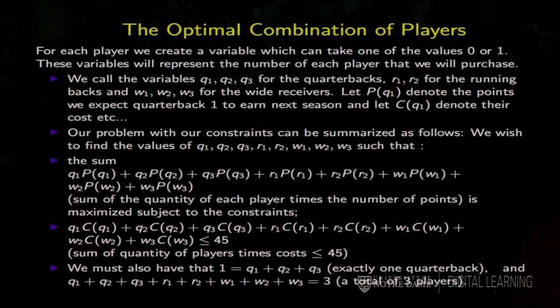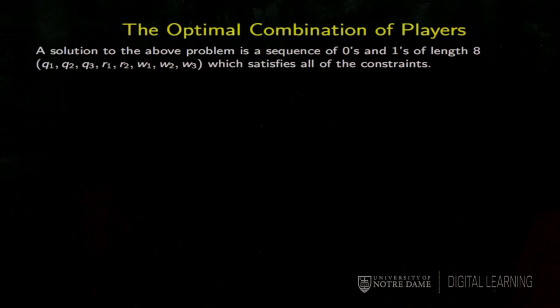We have a couple of other constraints. One is the constraint that we need exactly 1 quarterback. So that amounts to saying in mathematical language that Q1 plus Q2 plus Q3 must add to 1, since exactly one of those must be 1. And then we must choose exactly 3 players, so the total sum must be 3.